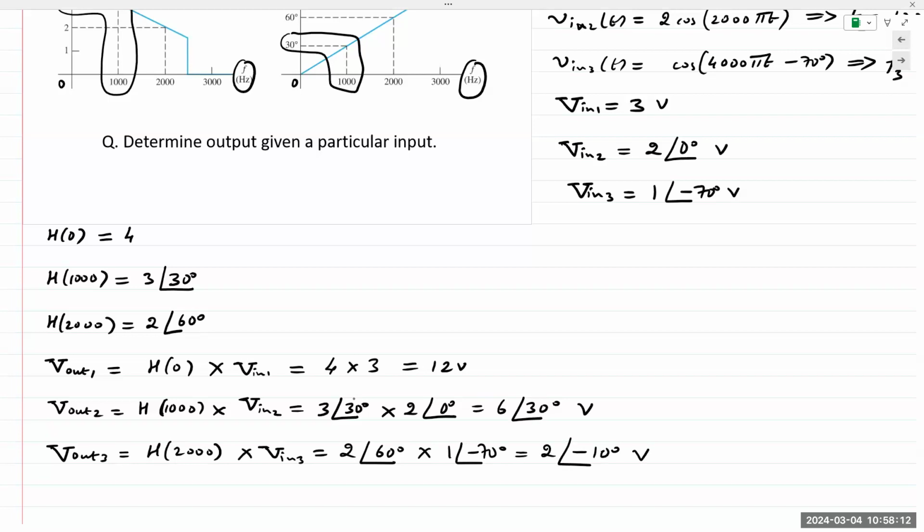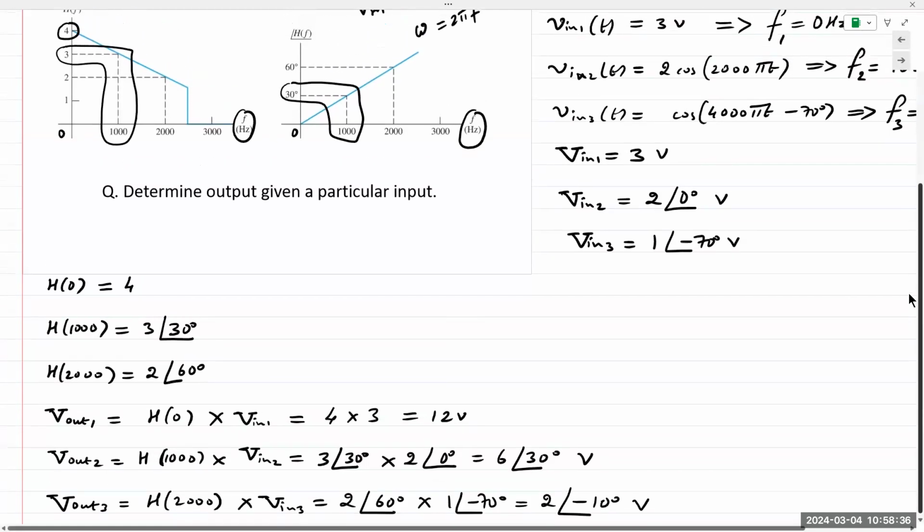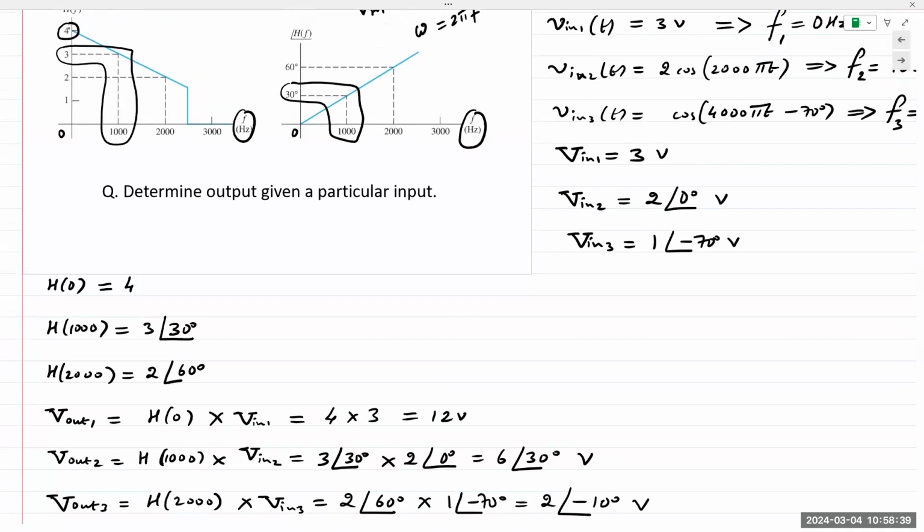Again, it's a ratio of the phasor voltages of the output to the input. And so if we know the transfer function, then we can calculate the output no matter what the input is. And that's the point. If you look at the graph, we know that it is amplifying the signal by a factor of 4 at 0 hertz. You look at the magnitude of H of F, and then it's steadily decreasing, 1000, 2000, at least until 2500, it is above 1, right?